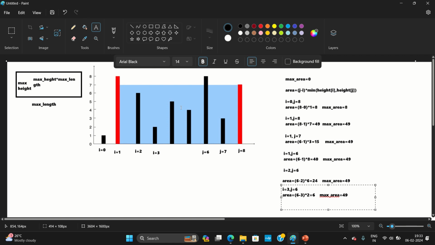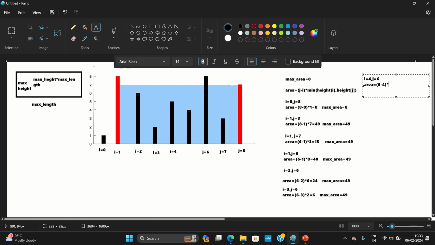Similarly, again the lesser among these two is i only. So i tries to move forward. i is equal to 4. Then we are having an index value. So at i equal to 4 and j equal to 6, area equals 6 minus 4 into the height, which is 5.